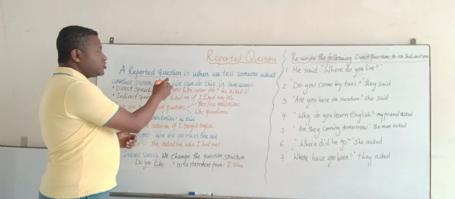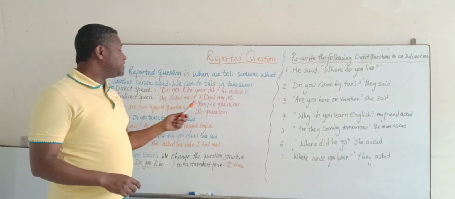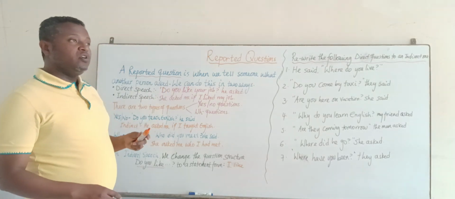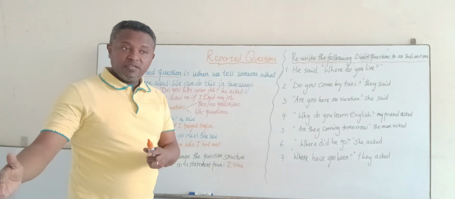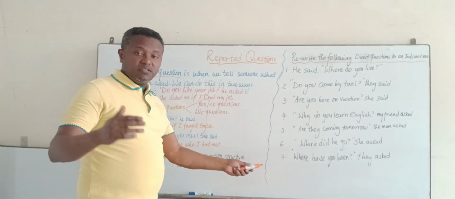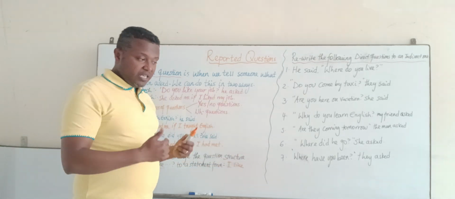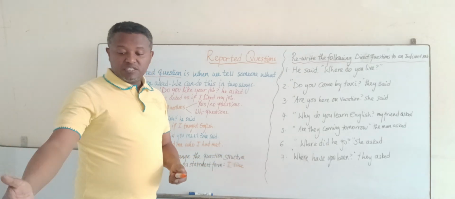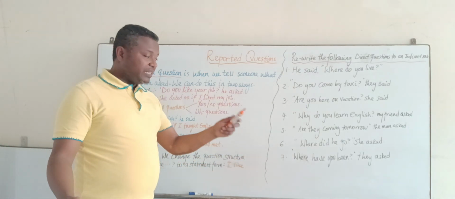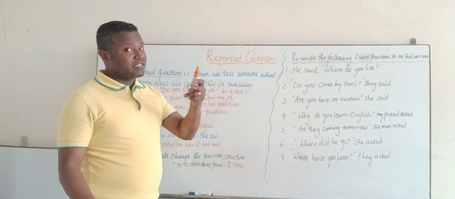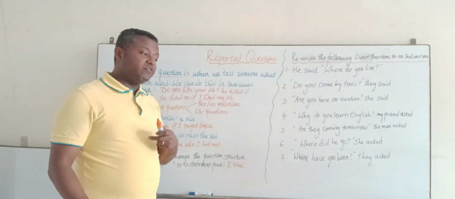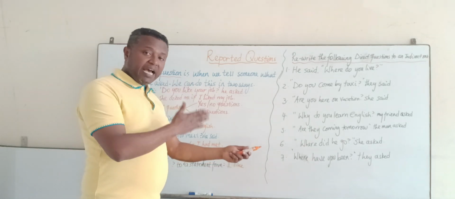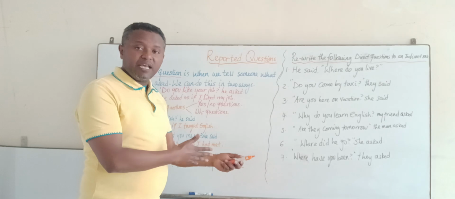A reported question is when we tell someone what another person asked. So there is a question here, and then there is another person. The person who asks here, and the person who I'm reporting is there. If this person asks me, what's your name? And that person asks me, Solomon, what is he saying? I have to report the person's question either in a direct way or in an indirect way.